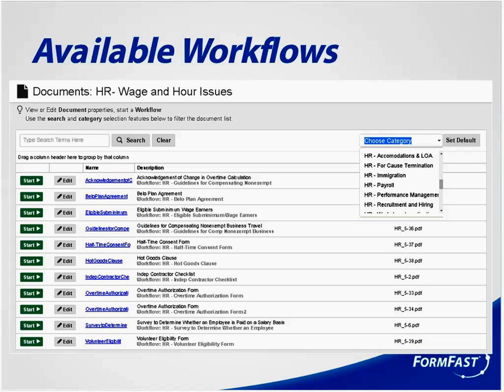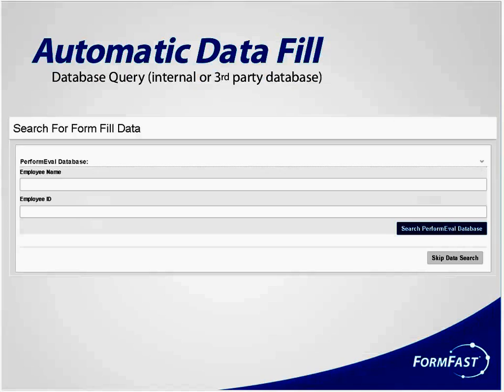So if there's an accommodations or leave of absence form that needs to be sent through some approvals and then to HR, we can build that into the process so the end user doesn't need to know where that form has to go at the next step. They just submit the form and it will go through the process.